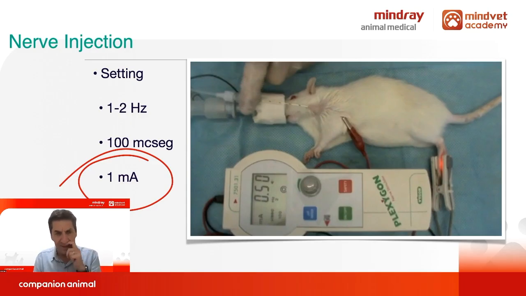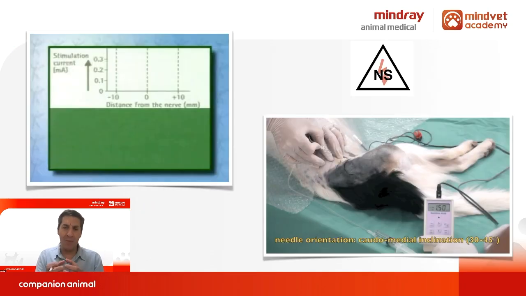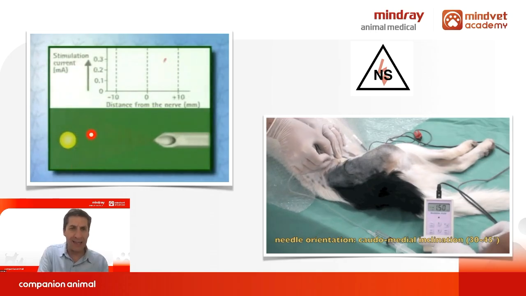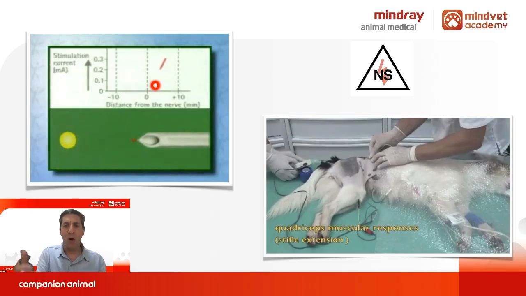And finally, perhaps the most important, it is the intensity. We measure intensity in milliamperes. And we know that there is a relation between the milliamperes we need and the myoclonus. So the closer we are to the nerve, the fewer milliamperes we need to evoke the myoclonus.